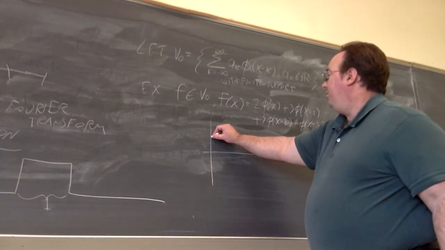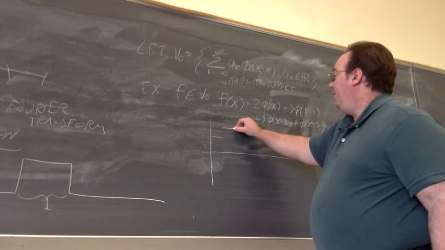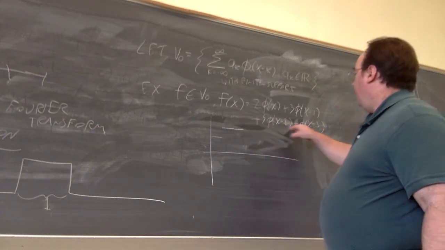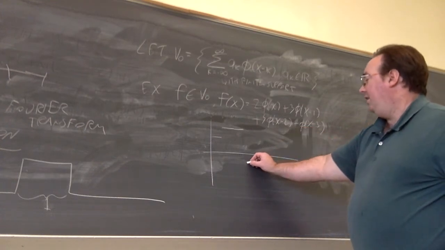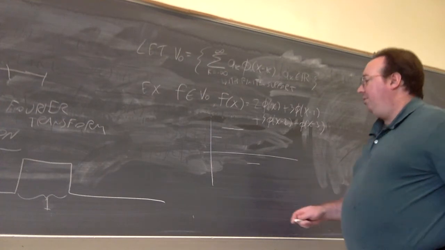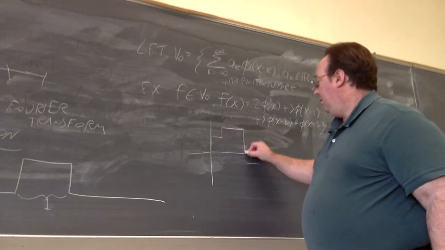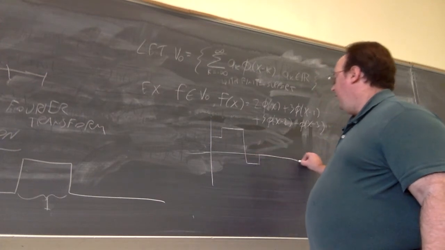So we jump up to 2, then up to 3, stay at 3, then jump down to -1, and then back up to 0. So the graph behaves like this.